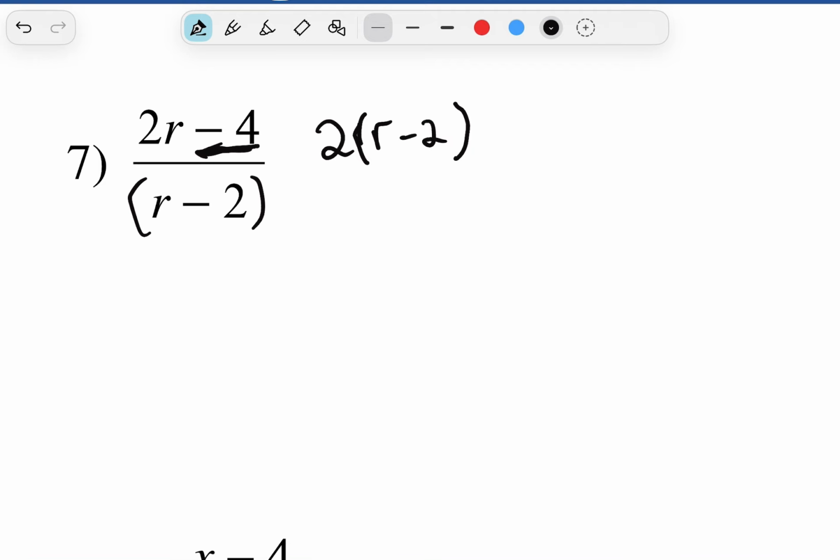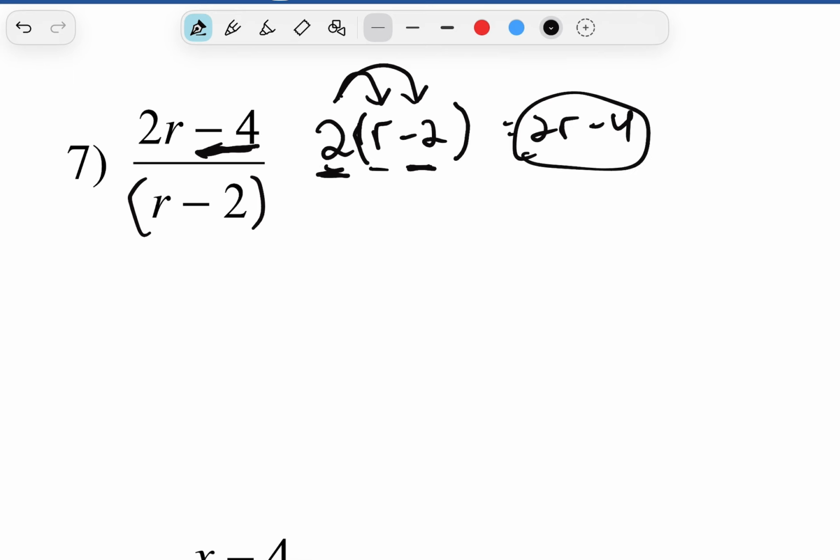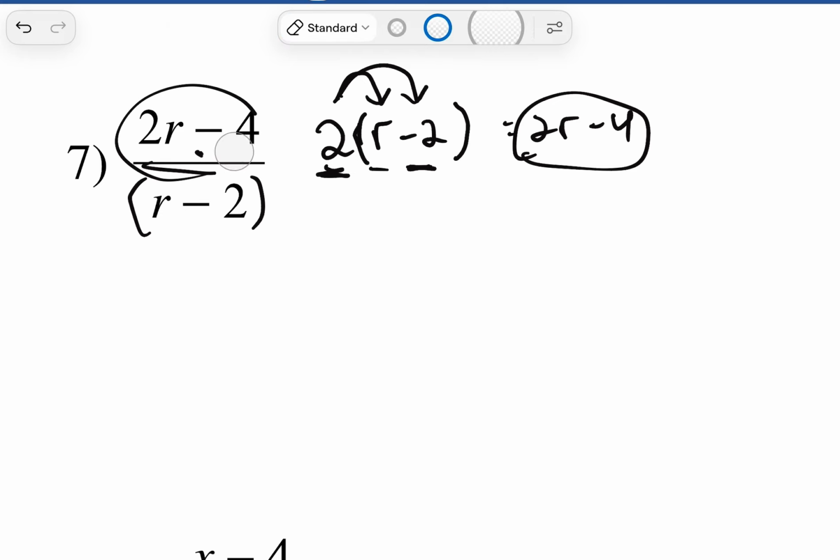And just to prove this, if we were to distribute this, 2 times r is 2r, and 2 times -2 is -4, right? So we would get the original, it is the same value. So we're just representing it differently. That's just a little side quest there to show you how factoring works and why it works.